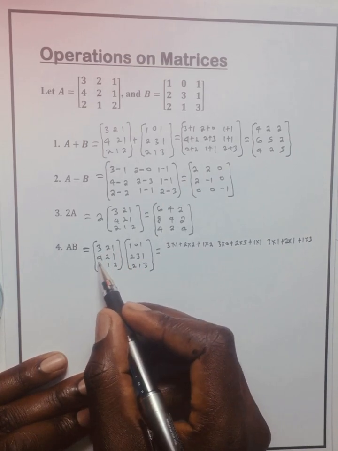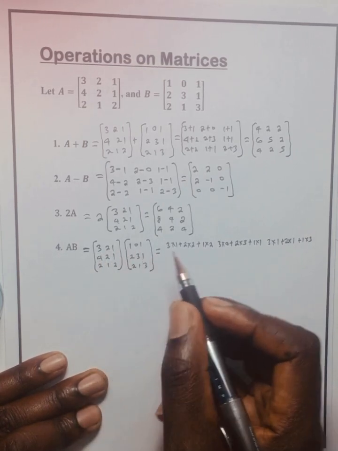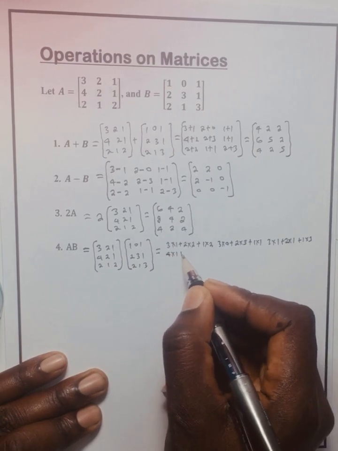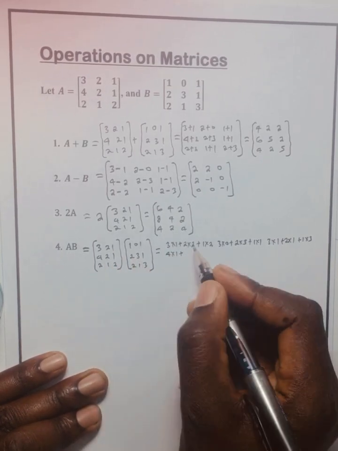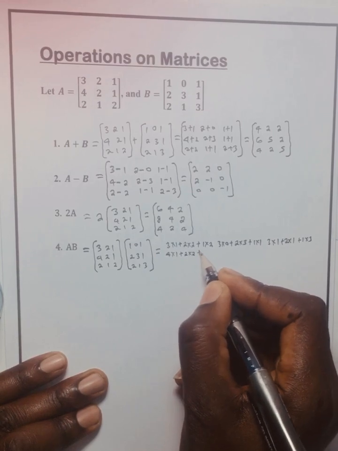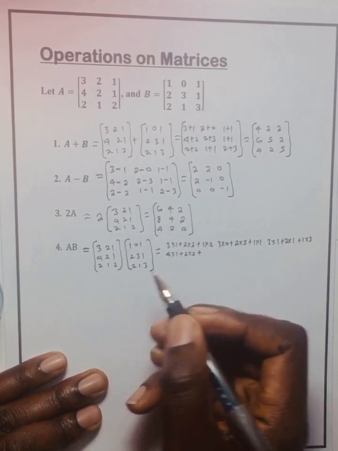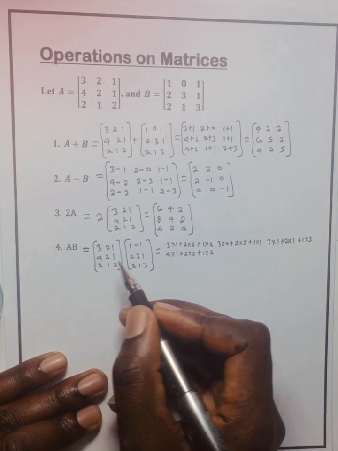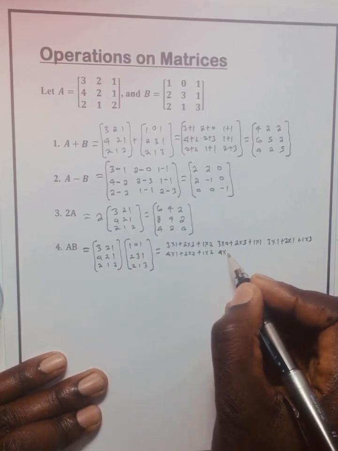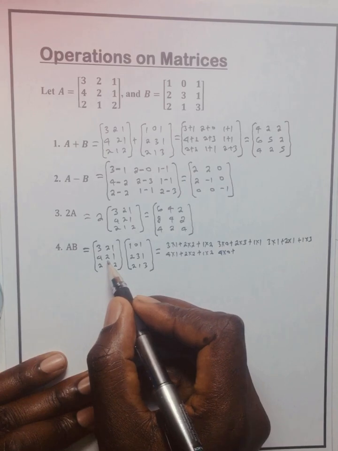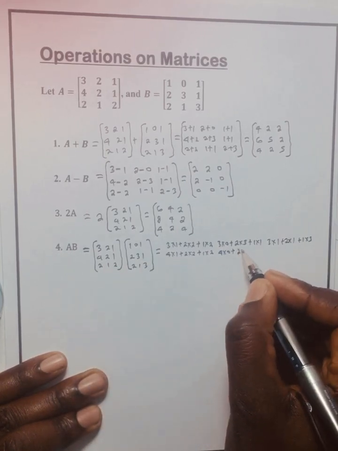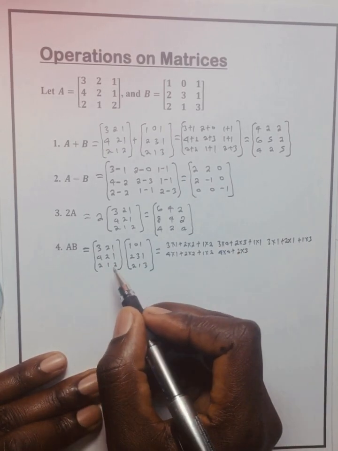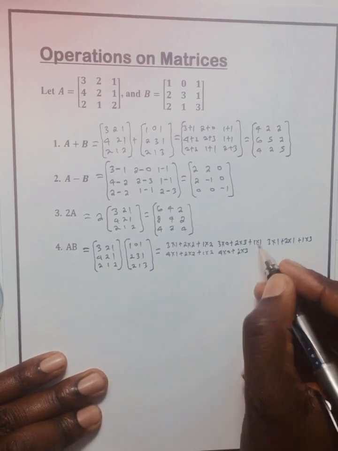So we go to the second row. 4 times 1 plus 2 times 2 plus 1 times 2. Then we go 4 times 0 plus 2 times 3 plus 1 times 1.